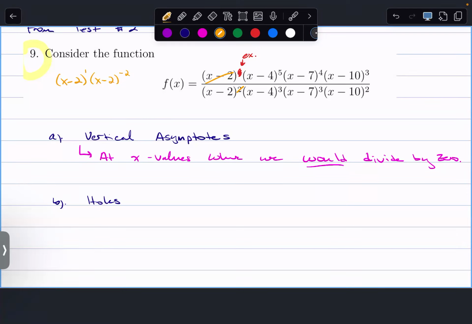So this is x minus 2 to the 1 plus negative 2, which is x minus 2 to the negative 1, which is the same as 1 over x minus 2. That's technically what we're doing, right? But you're allowed to just look at the powers and say, okay, if I'm dividing powers, right, then I'm allowed to take away this 1 and subtract 1 from here, right? And then I'm left with just x minus 2 here.